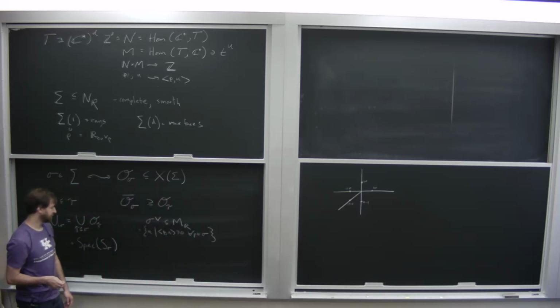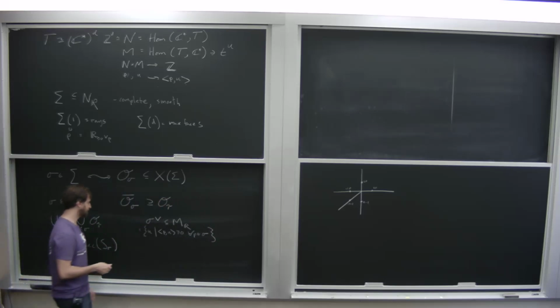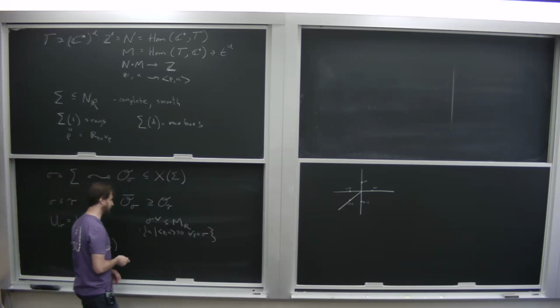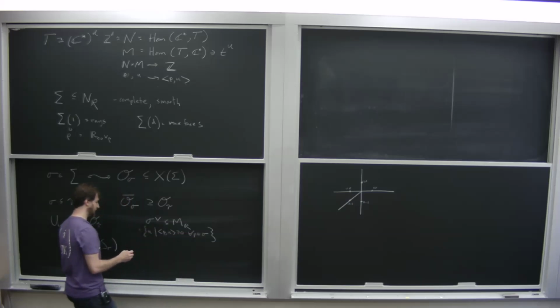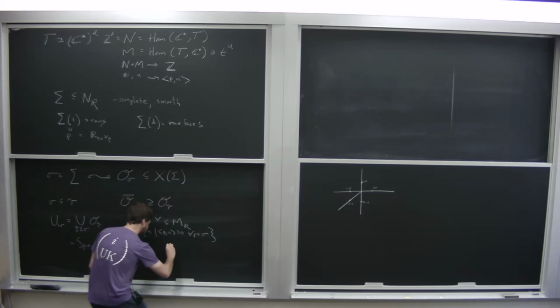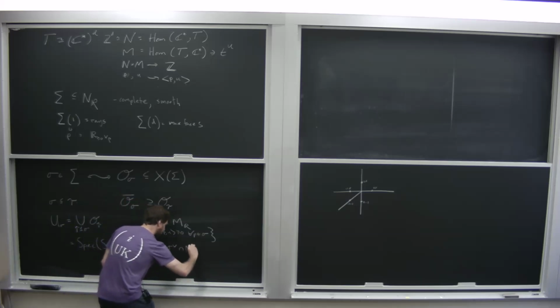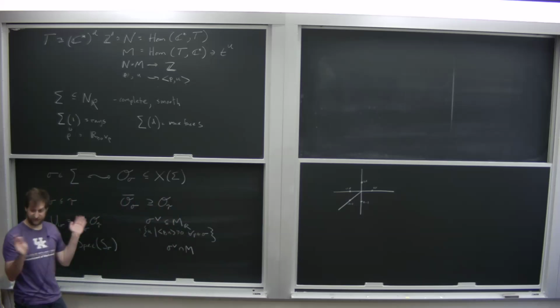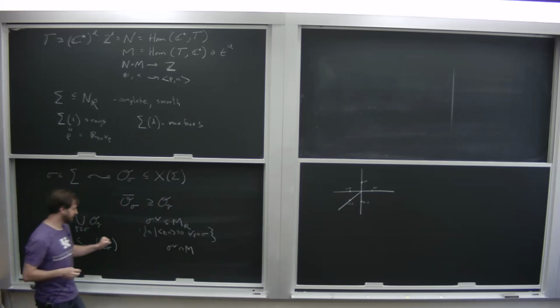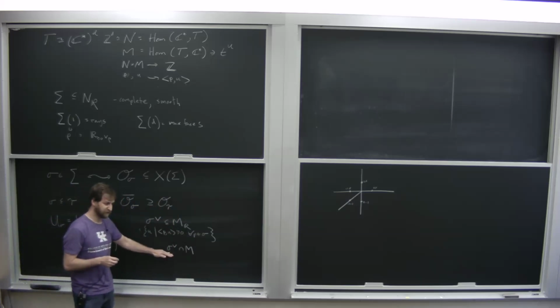Right. So this is a polyhedral cone. You can show that it is cut out by the half spaces defined by the ray generators of sigma. And when we intersect it with the character lattice, we get an affine semigroup, the semigroup of lattice points in a polyhedral cone.